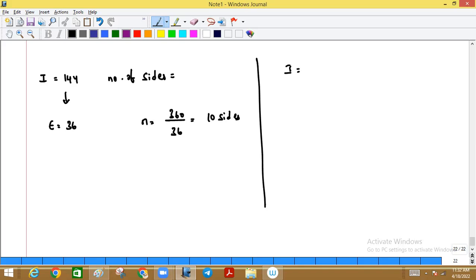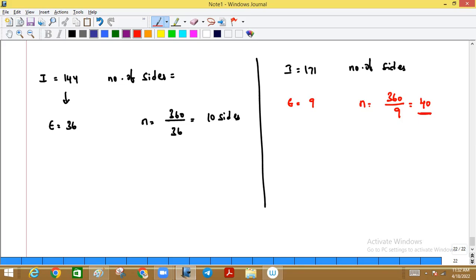If each interior is 171, number of sides? Tell me. Interior is 171 means what is exterior? 9. What is the number of sides? 360 by 9. So what is that polygon? That polygon has how many sides? 40 sides.